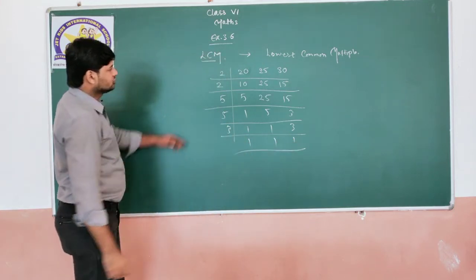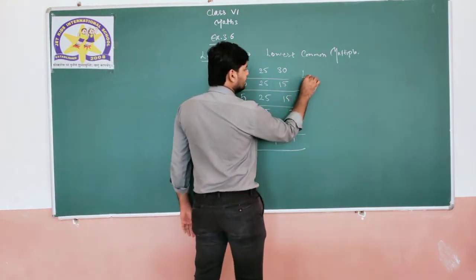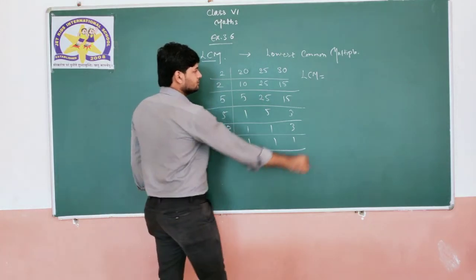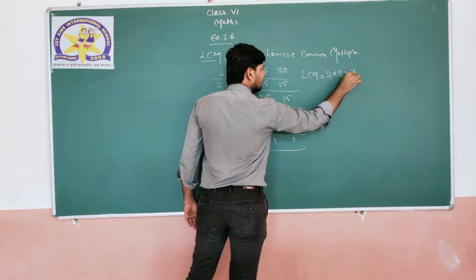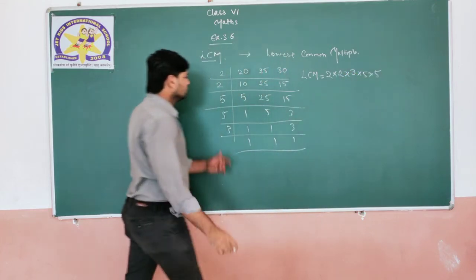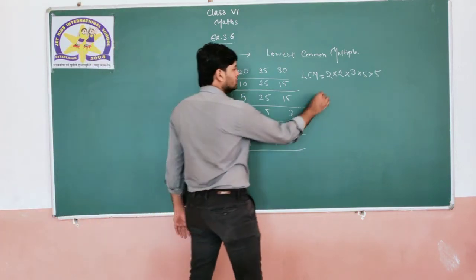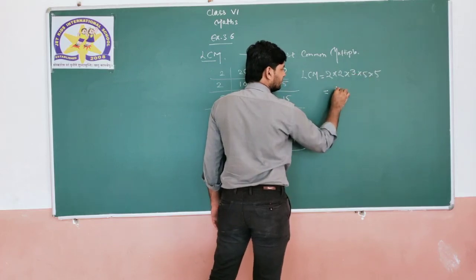Clear? So we have 2, 2, 5, 5, 3. Our LCM will be 2 multiplied by 2 multiplied by 3 multiplied by 5 multiplied by 5. 2 twos are 4, 5 fives are 25.